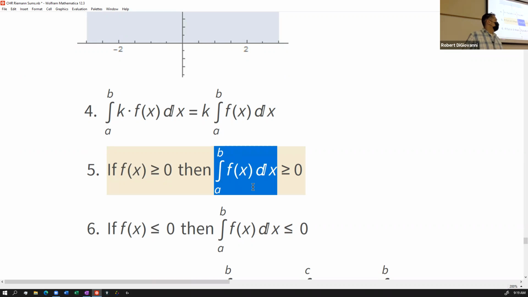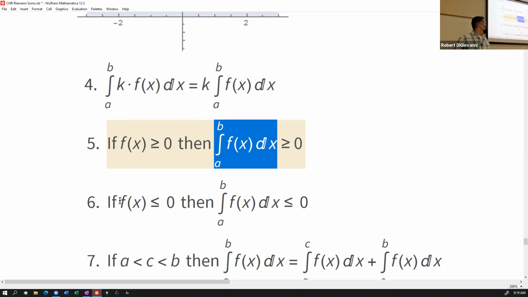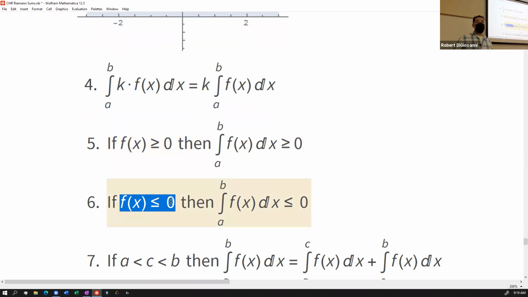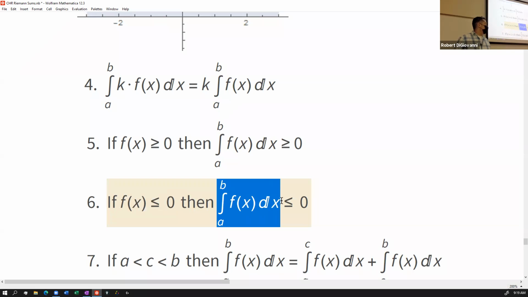If your function's always above the x-axis or never below it, then no matter what, your area is going to have to be either positive or 0. It could be 0 if the function is flat on the x-axis, but that'd be boring. The second property is the other way. If your function is not above the x-axis, but below, then your area underneath it's got to be negative also.